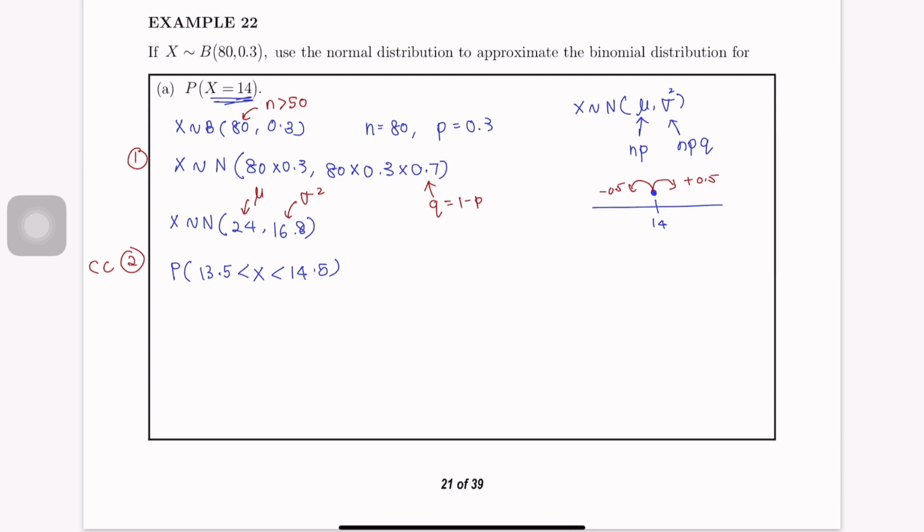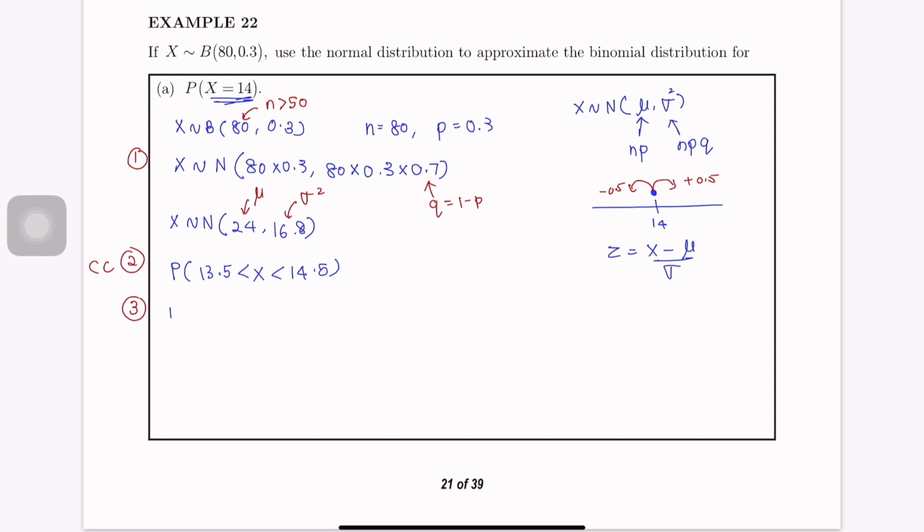Next, we will solve the normal distribution by standardizing it, changing x to z using this formula: x minus mean over standard deviation.